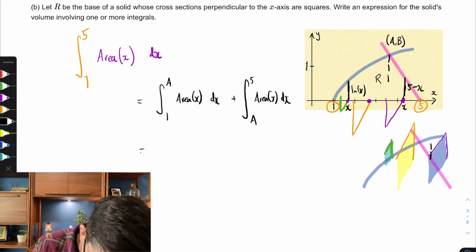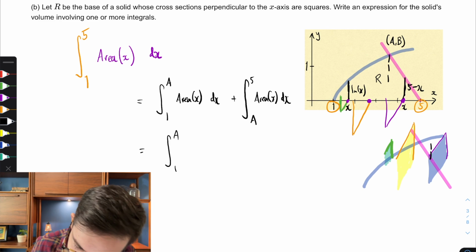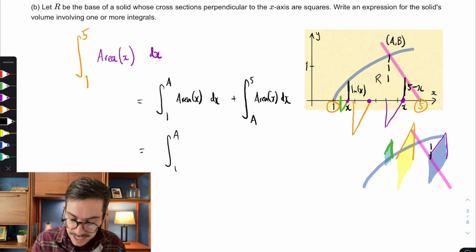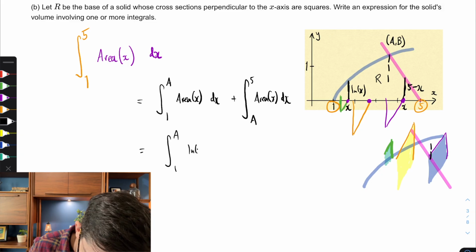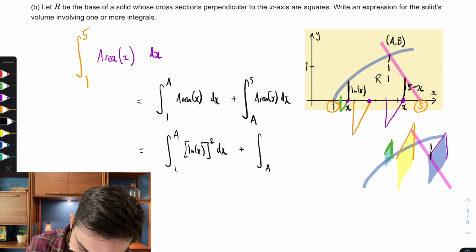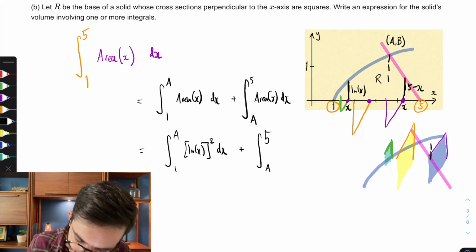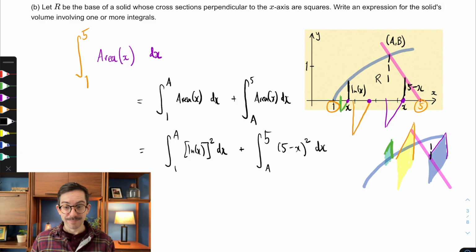So I go from 1 up to A, where the area of the left-hand region cross-section is given by ln x all squared dx. And then I integrate from A up to 5 of 5 minus x all squared dx.